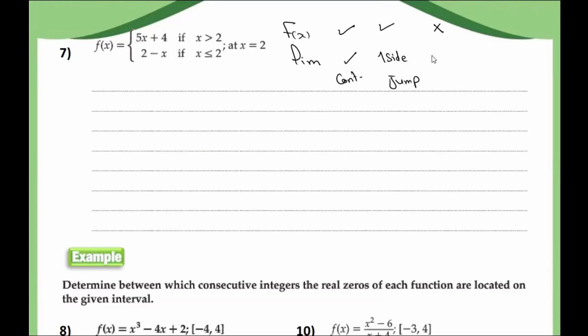If there is no value and no limit, discontinuity infinite. If there is no value but there is a limit, it will be removable. Three cases are discontinuity, and only one case is a continuous function.